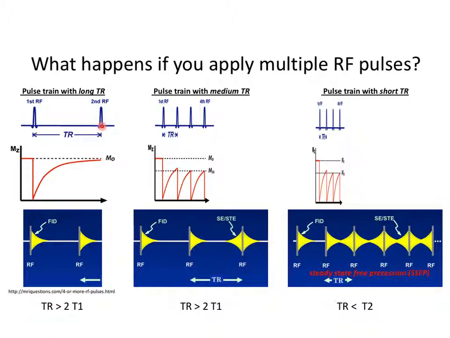If I select a slice here and then read out my signal, and all I'm doing is waiting around for the magnetization to recover, I can move a few millimeters away, excite another slice, and image that one. And then move, excite another one, and image that one. So I can go all the way down the patient, and if this is 2 seconds, I have 2 seconds worth of time to scan through there, flip back around, and then start again. So it can become pretty efficient when you do this multi-slice acquisition.